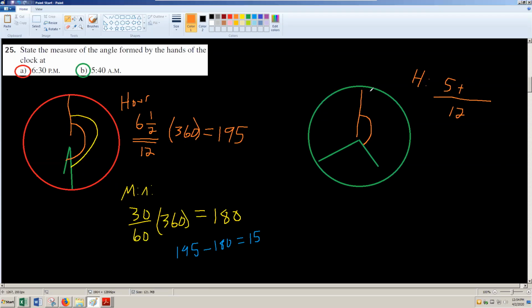So now I'm just going to call this 40 out of 60. If you wanted to call the last one 30 out of 60, that would have been totally fine as well. I just jumped to the fact that we know that 30 is 1/2 of an hour. So sorry if I didn't explicitly say that.